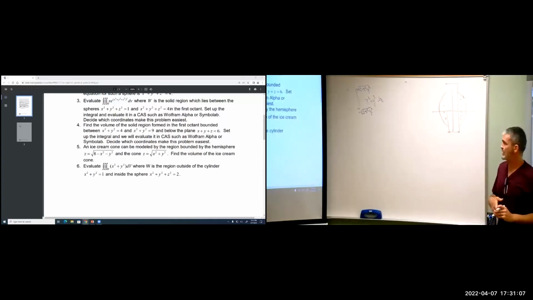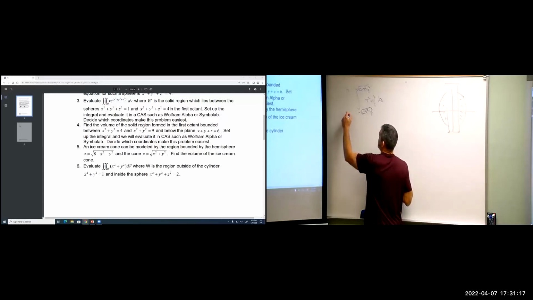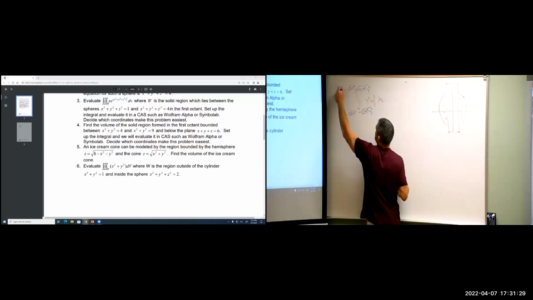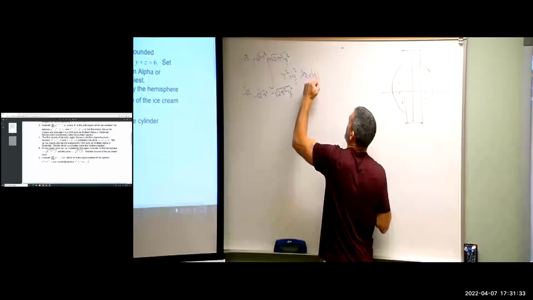Now, once we've got the top and the bottom, it's just a circle of radius root 2 in the xy plane. So negative square root of 2 minus x squared to square root of 2 minus x squared. And then negative square root of 2 to square root of 2. Okay, dy, dx.